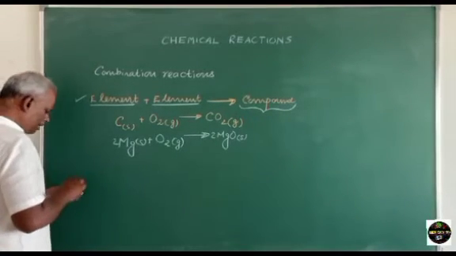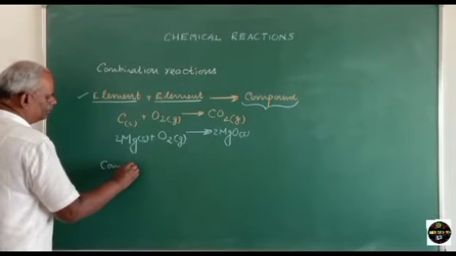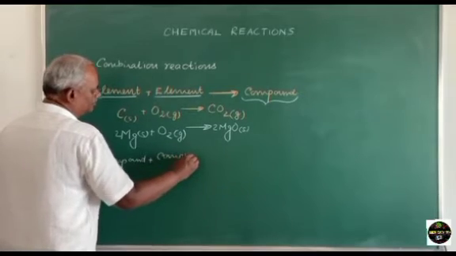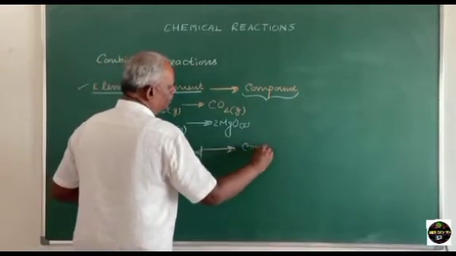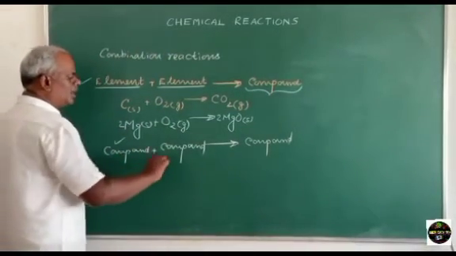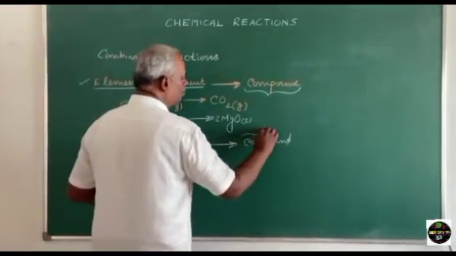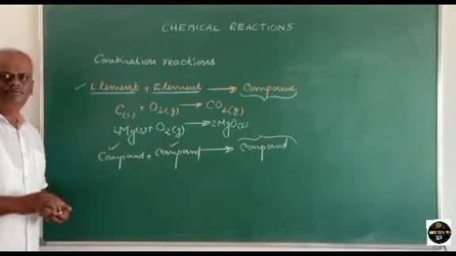Likewise, category 2: a compound can combine with another compound to form a third compound. One compound is in combination with another compound to give a new compound. This is also a combination reaction.